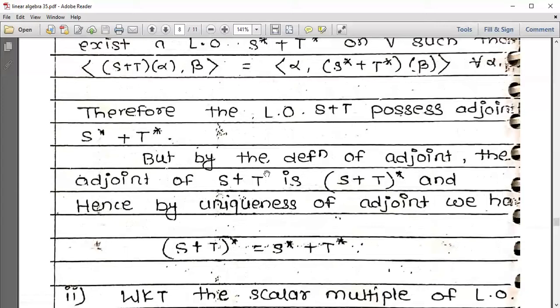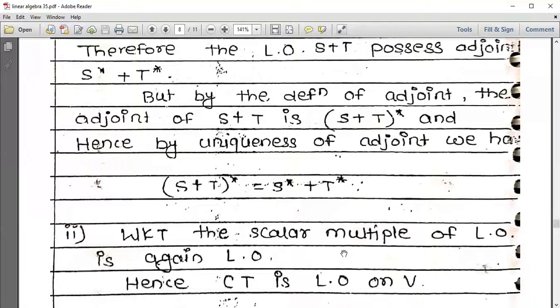By the definition of adjoint, the adjoint of S plus T is (S plus T) star, and hence by the uniqueness of the adjoint, we have (S plus T) star equal to S star plus T star. Hence we have proved that (S plus T) star equals S star plus T star.